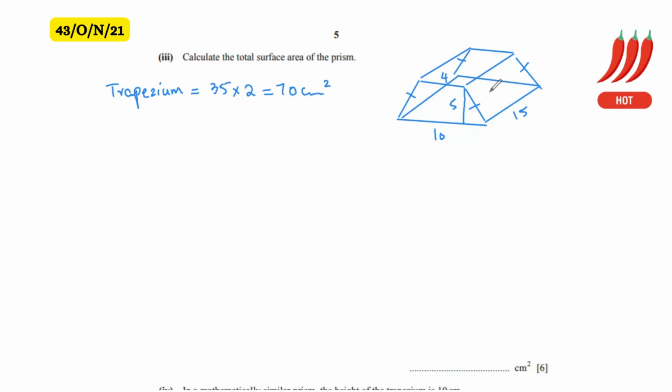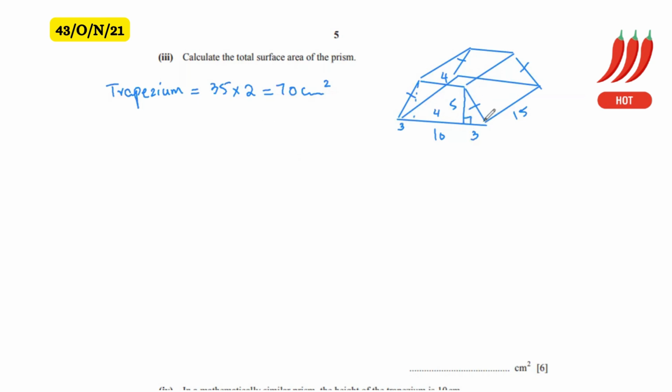Then for the sides, we need to find the slant length. Since both the sides are equal, that means it's a symmetrical shape. So if this middle part is 4, this is 3, and this is 3. This would add up to 10, because 3 plus 3 is 6, 6 plus 4 is 10.